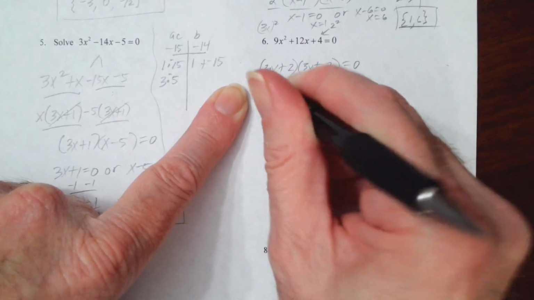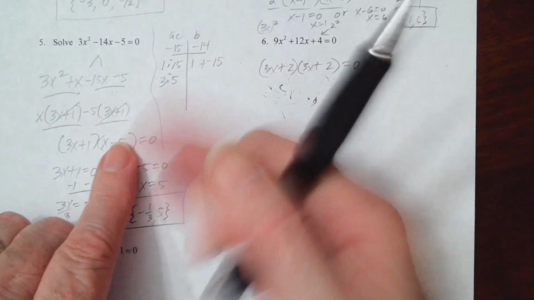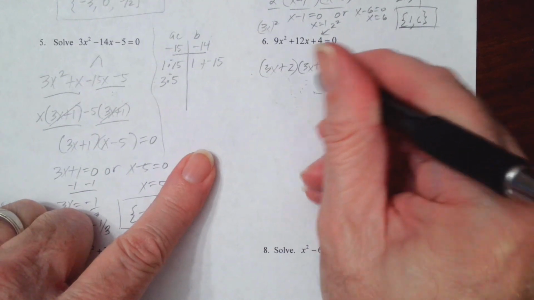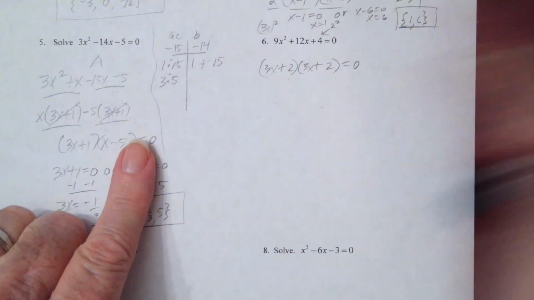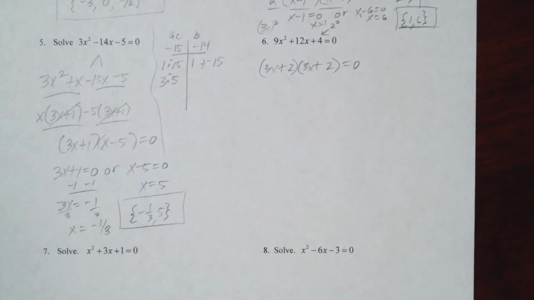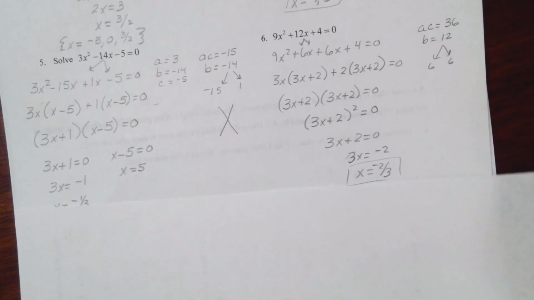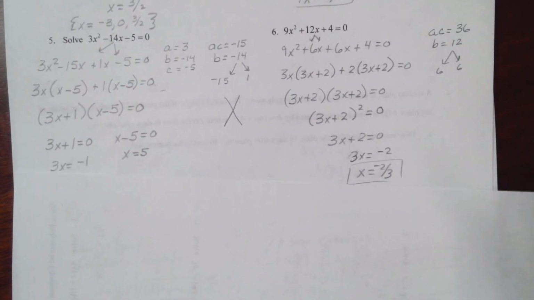You could also try factoring by using the AC method. And actually, I'll just real quick put the solution on here. So if you want to try the AC method, that's what it would look like. All right, let me go back to what I was doing.